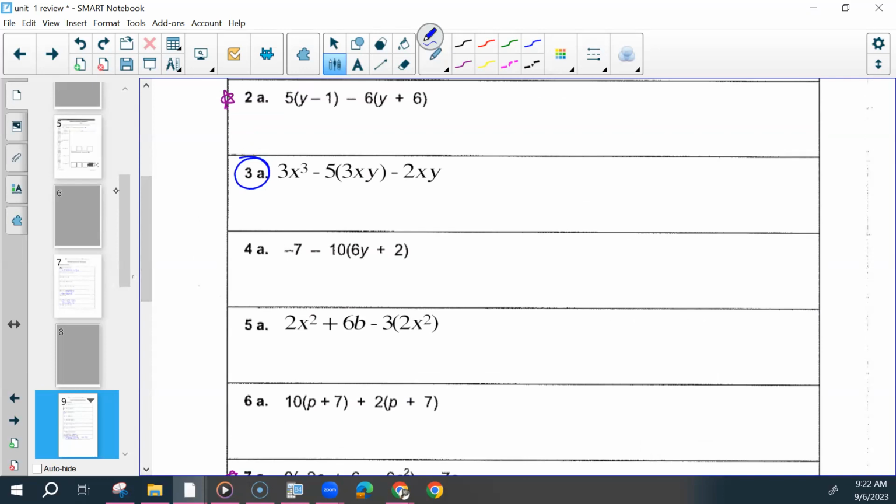Okay, this one. We need to multiply the -5 to the 3, bring everything else down. And then combine like terms of it. So when we combine these two, what would we get?